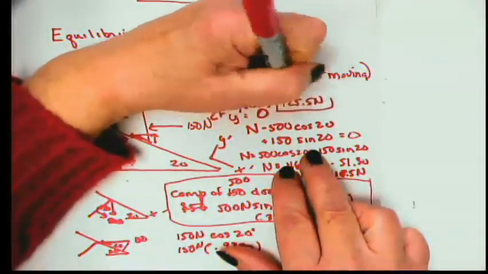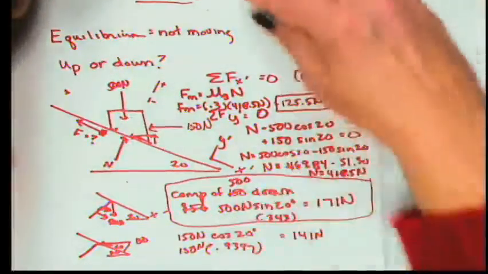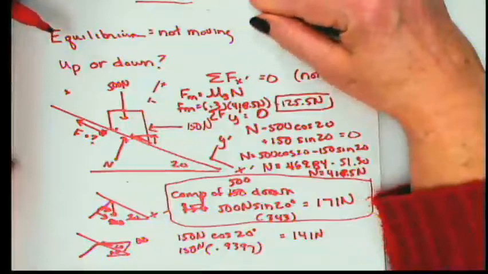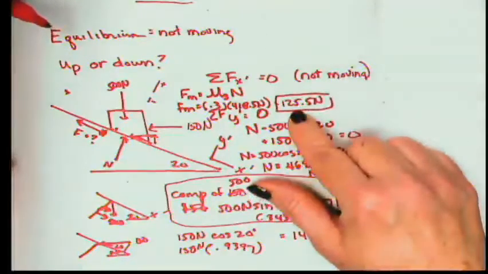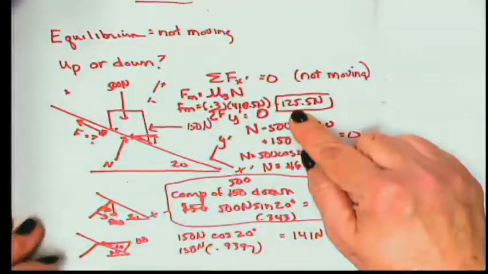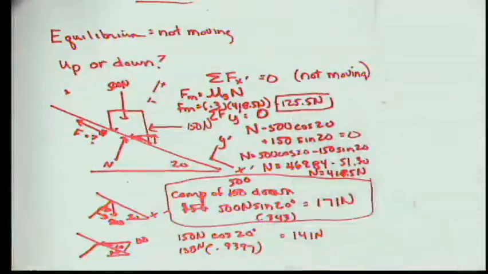So that means that if the force of the 500 pushing down minus the force of the 150 pushing up exceeds 125 newtons, then the package will begin to slide down the slope.